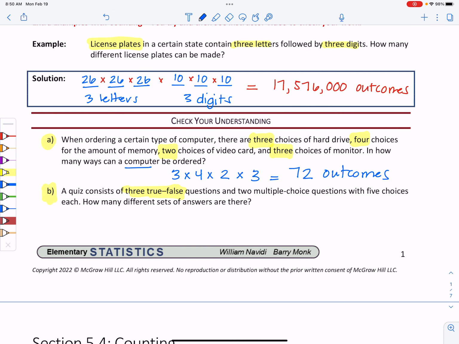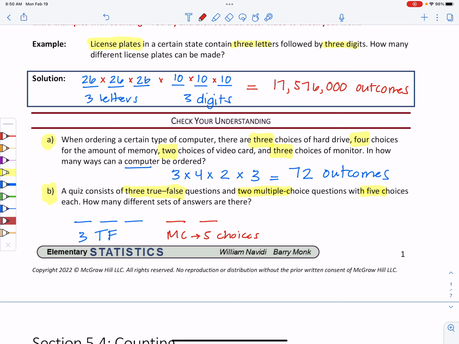So just like I did for the license plate, I'm going to jot that down as a note for myself: these are 3 true-false questions. Then I have 2 multiple choice questions with 5 choices. So 2 more questions, 1, 2, and these are multiple choice, each one having 5 choices, like A, B, C, D, E.